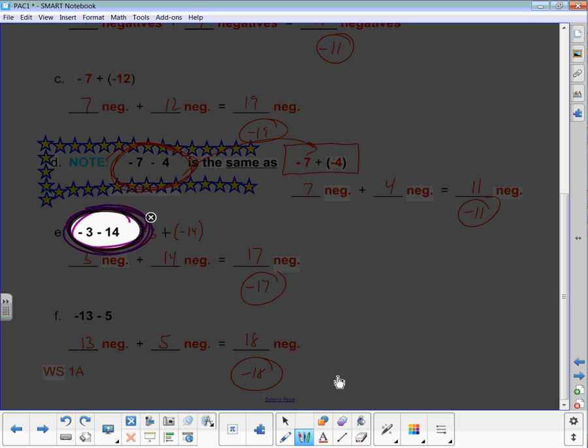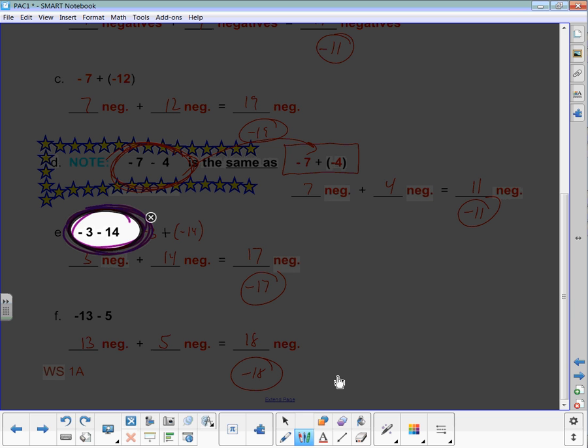Okay. You see the negative 3 and the negative 14. When you look at that, you have to think of that as 3 negatives and 14 more negatives. That has to be your thought. And if you can get to the point where you're thinking of that as 3 negatives and 14 more negatives, then you're going to be fine.